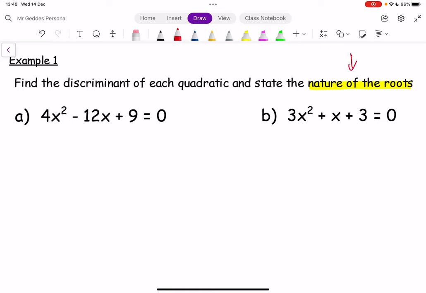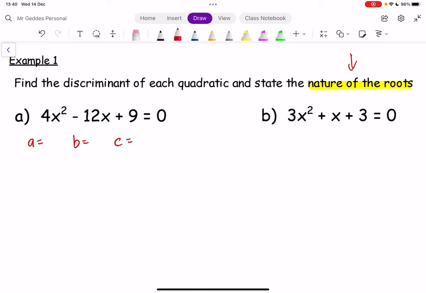So keep your eye out for that. First thing you're going to do, you're going to tell me what A, B, and C are. Hopefully you remember that from the quadratic formula stuff. Which one's A, which one's B, which one's C.